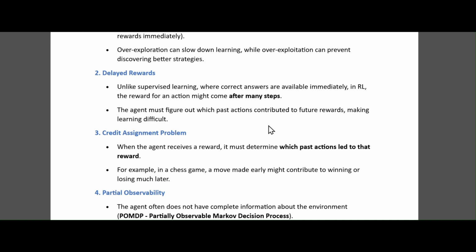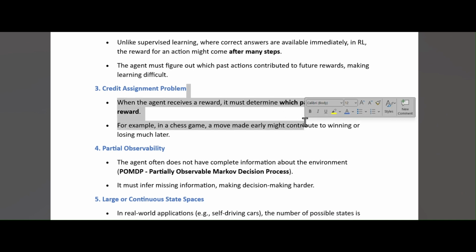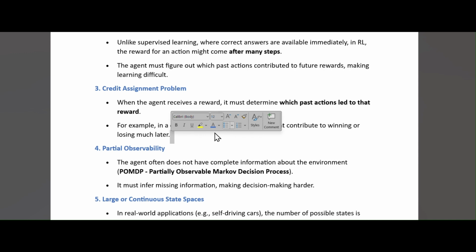And when we talk about credit assignment, the credit assignment problem arises when the agent needs to assign credit to each action in the sequence, determining how much each action contributed to the final reward. So it is also a challenge to know which past actions led to that reward. If you choose an example like playing a chess game, a move made early might contribute to winning or losing.